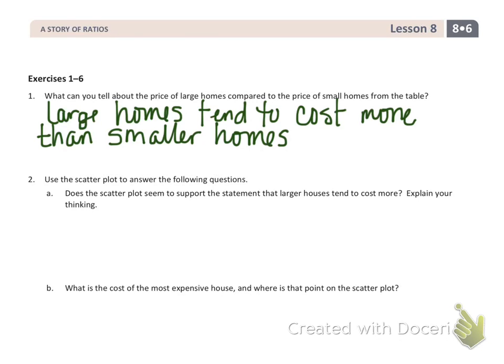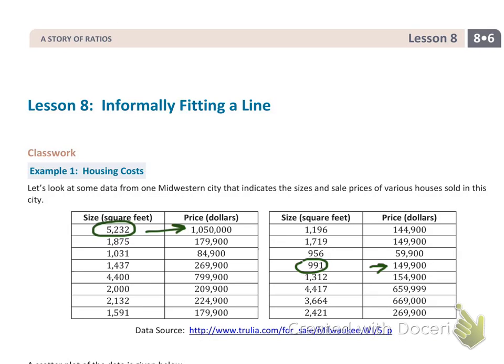Okay, but let's look back at the data table and notice that this house here that we pointed out, 991 square feet, was 150,000, and we can find another home that's 150,000 that's almost twice as big. So here's a house, and this one's 956, and it's only 59,900.